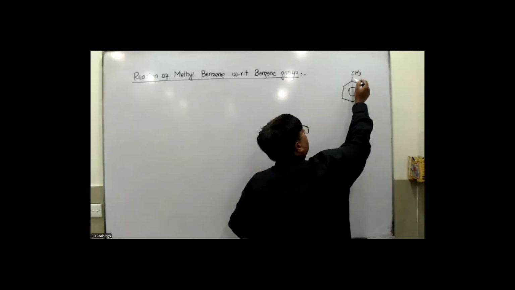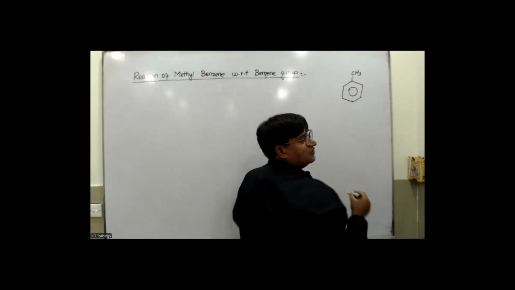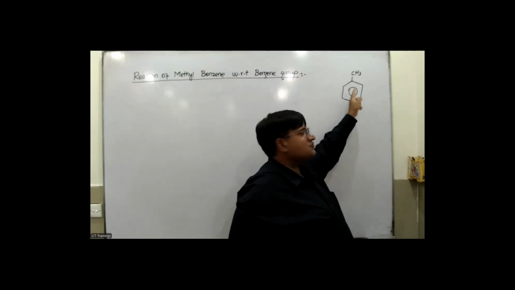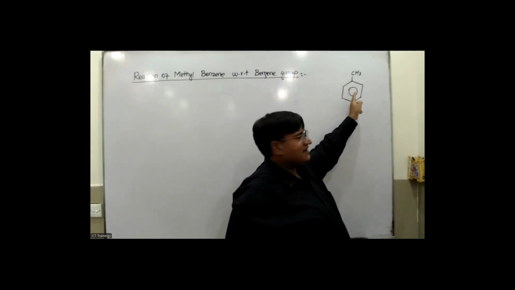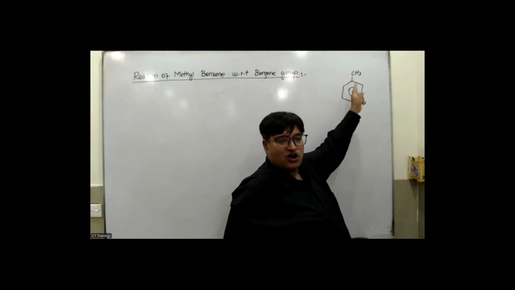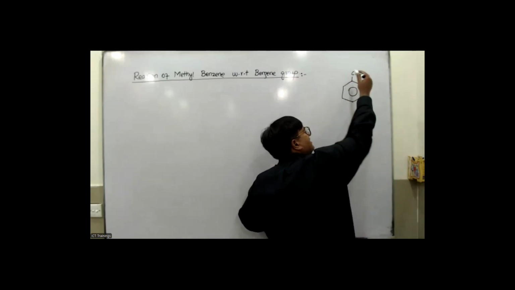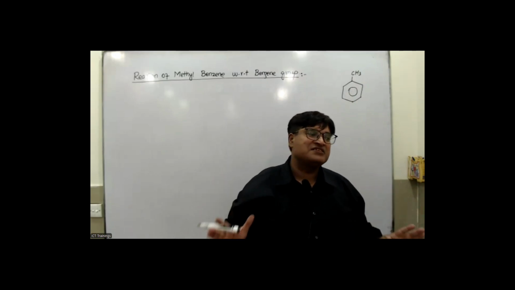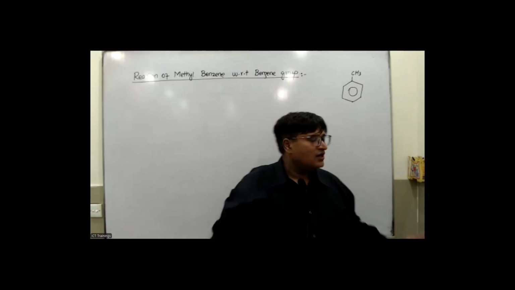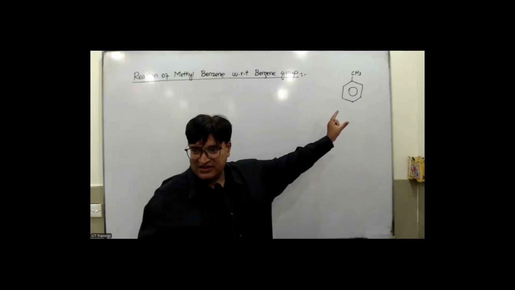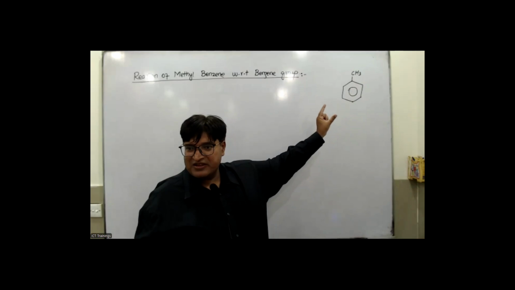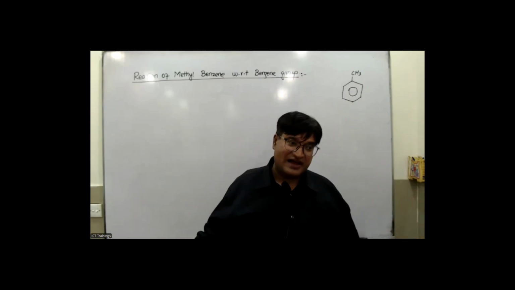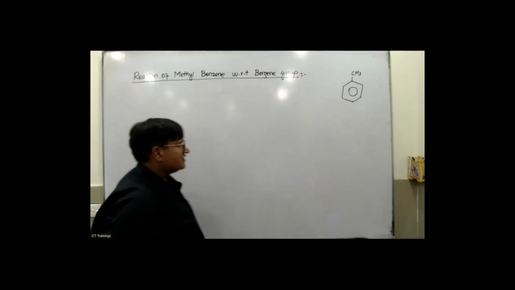In methyl benzene, carbon does not have any lone pair, so it does not delocalize its electrons to the benzene ring, and it does not need any electron, so it is not going to attract electrons from the ring towards itself. So the reactivity of methyl benzene would remain the same. The reactions of methyl benzene are exactly the same as the normal benzene reactions.